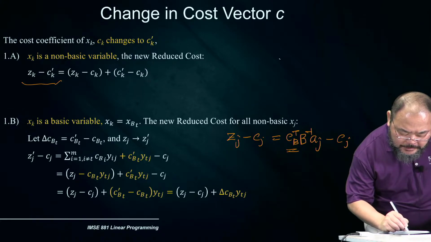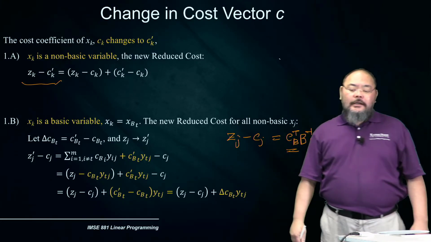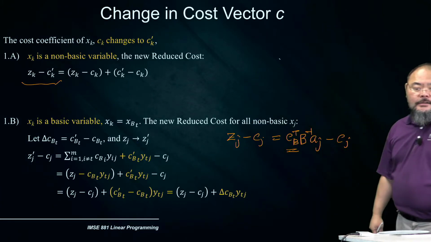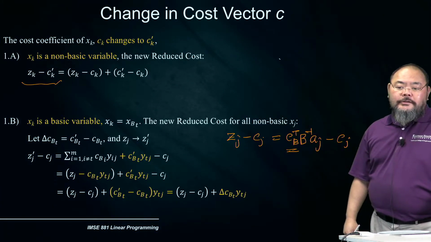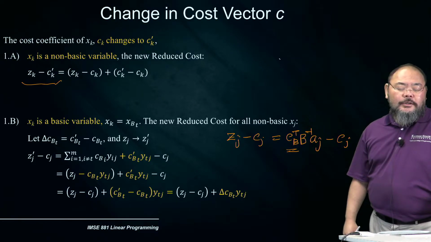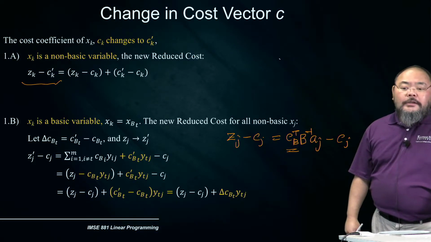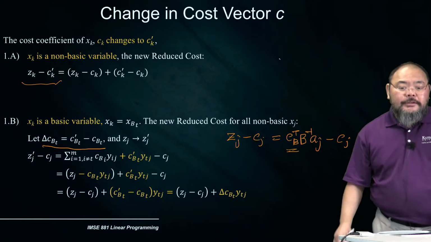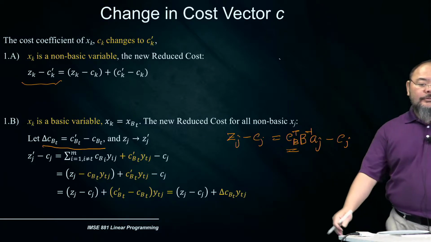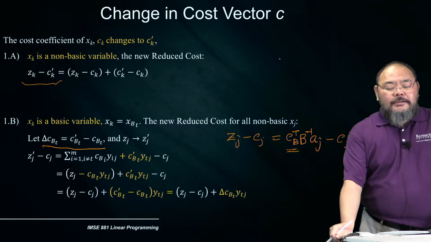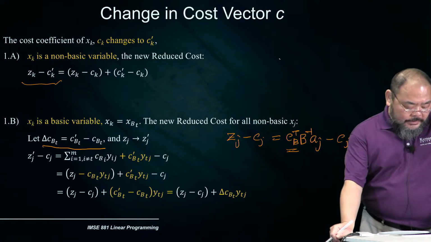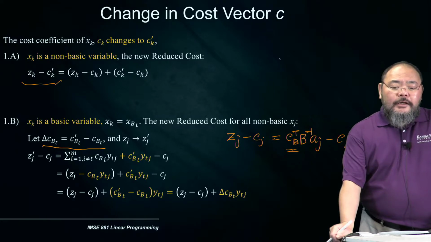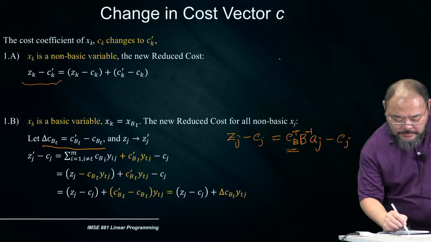And if the cB changes, then actually all the zj minus cj for all the non-basic columns will change as well. So in this situation, what we do is calculate the difference between the cost changes, cB prime minus the original cB, and we call it delta cB. And then we can calculate the changes of zj, since the cB changes already.